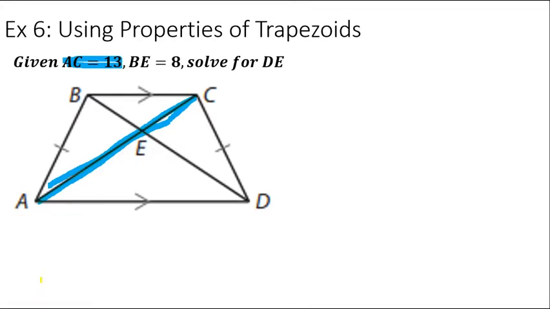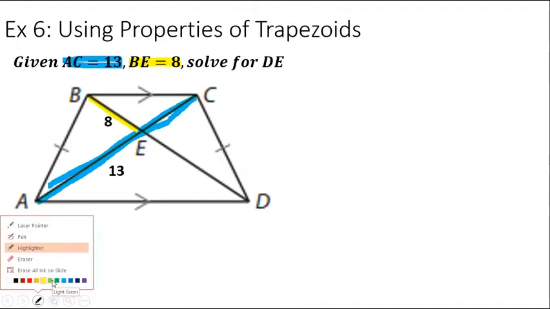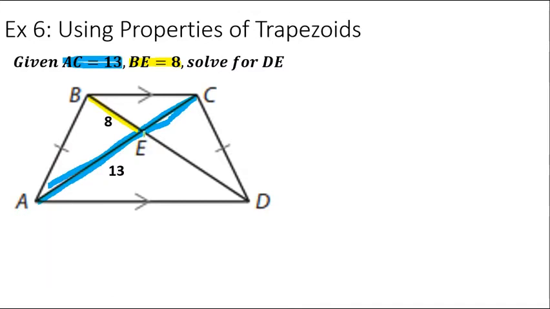And also tell us that BE is 8. So BE is right here. So we put those values in. That's 8. And this whole thing is 13. Now I'm going to solve for DE. So DE is this part right here.